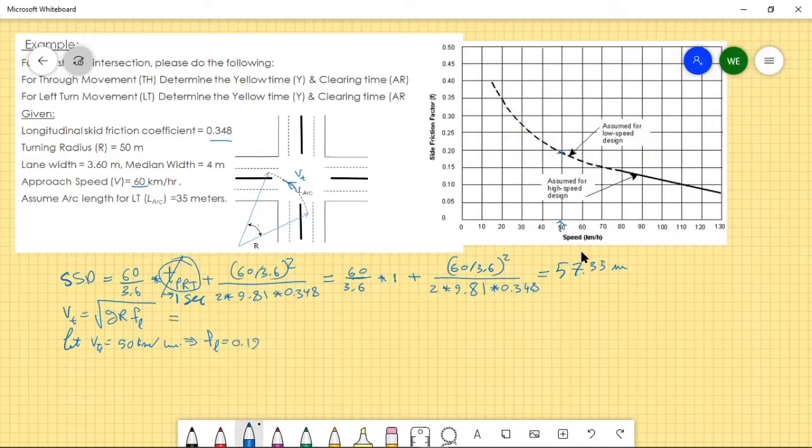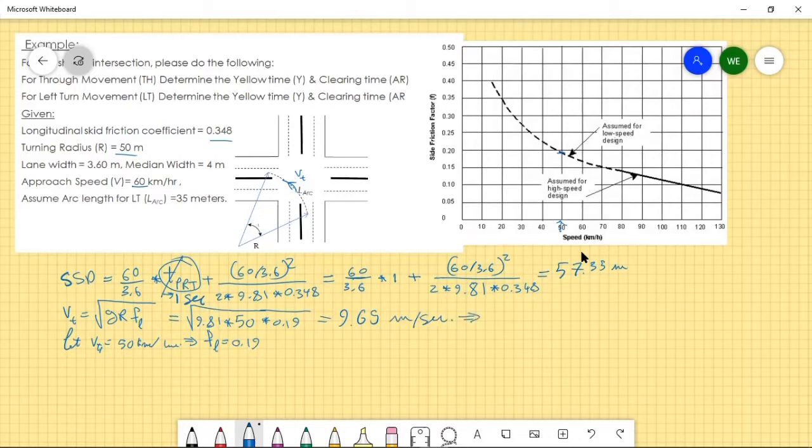So this will be the square root of 9.81 multiplied by R, the turning radius, which is 50, multiplied by 0.19. So this will be 9.65 meters per second.